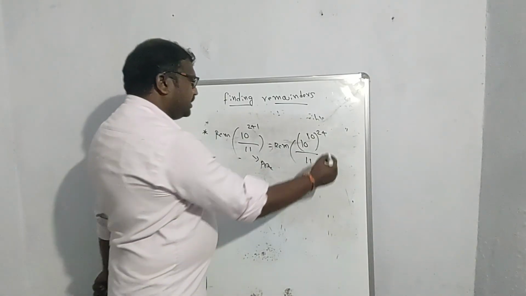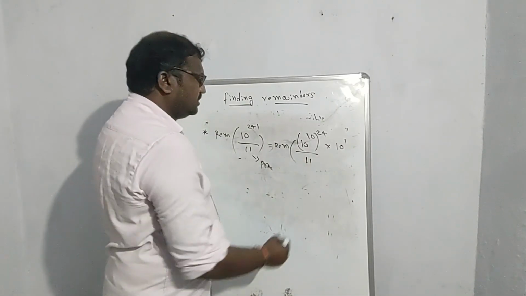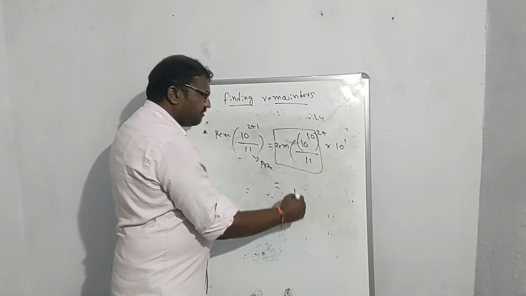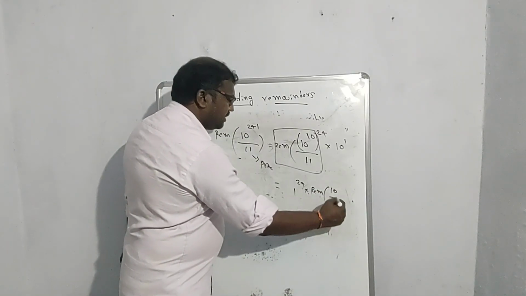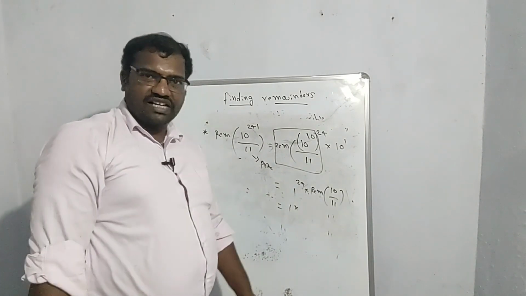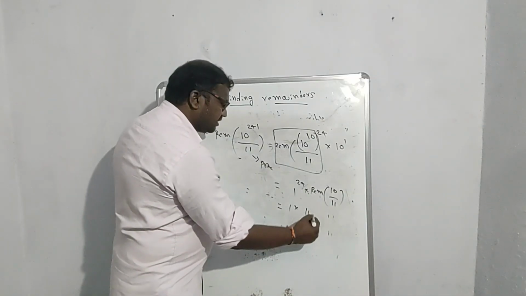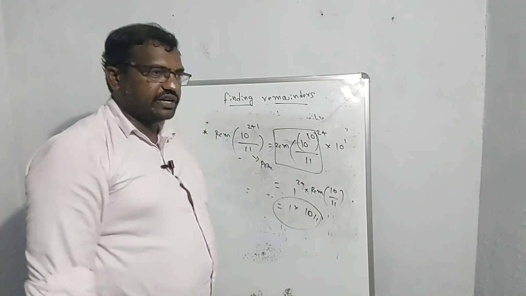So 1 power 24 times the remainder of 10 by 11. Your numerator is less than the denominator, so the numerator is the answer. 10 is the final remainder.